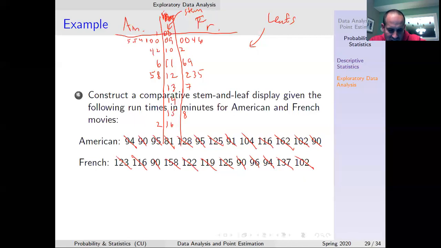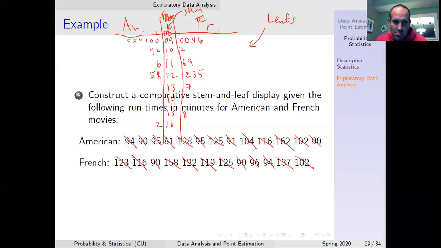If I were staring at this, I would probably say it looks like French movies tend to be longer on the whole. American movies are bunched up towards the 90-minute zone, whereas the French movies tend to be a little bit longer, although there's that one giant length movie down at the bottom, 162 minutes, the longest one of all. But most of the American movies tended to be shorter.